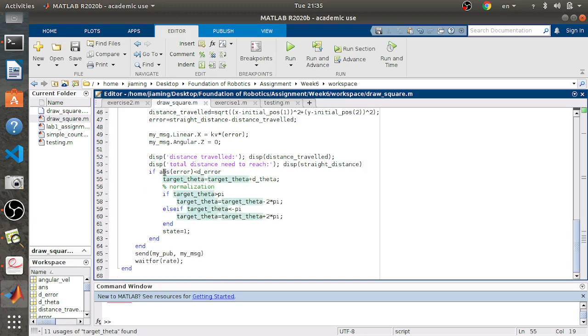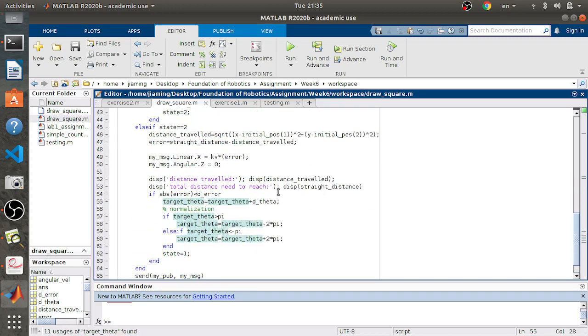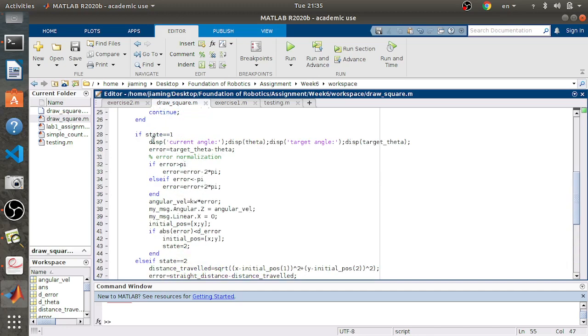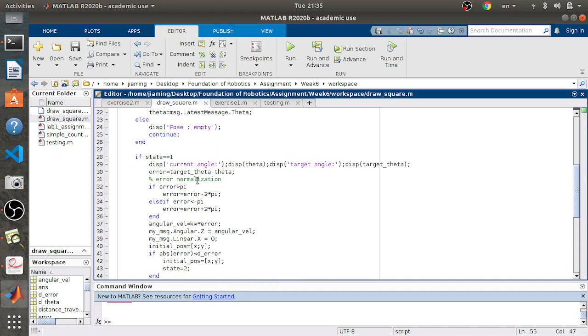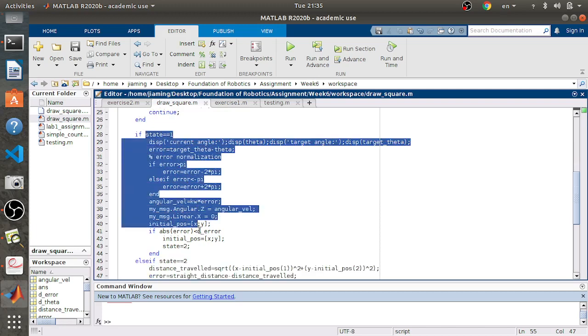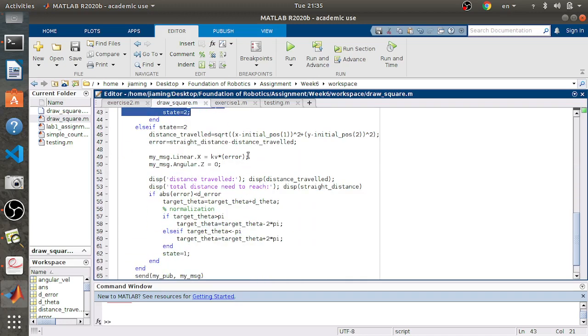So if the error is less than the D error, which is 0.0001, then the target angle will be plus the D theta. Initially it is 90 degrees, and plus 90 degrees again, so it will become 180 degrees. Since the current angle is no longer the same as the target angle, it will proceed to state 1 here.